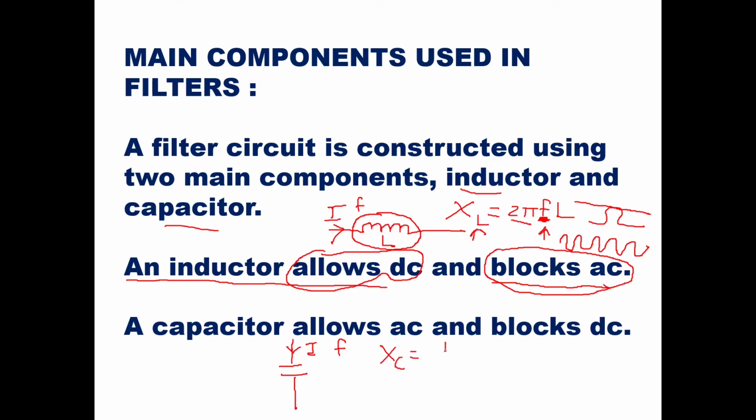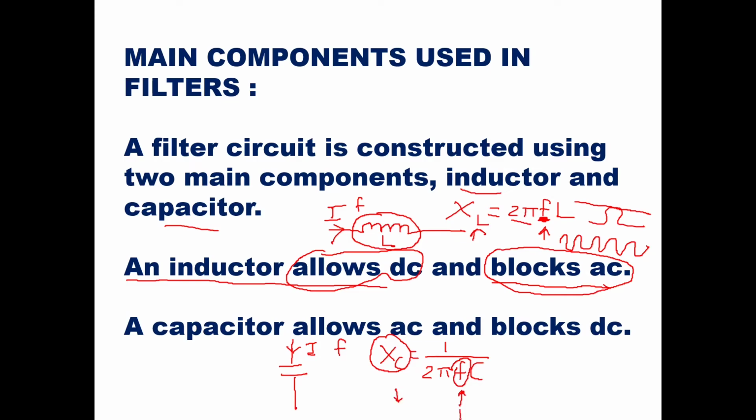XC will be equal to 1 upon 2 pi FC. Here, the relation between reactance and frequency is inversely proportional. That means if the frequency increases, the reactance will decrease.